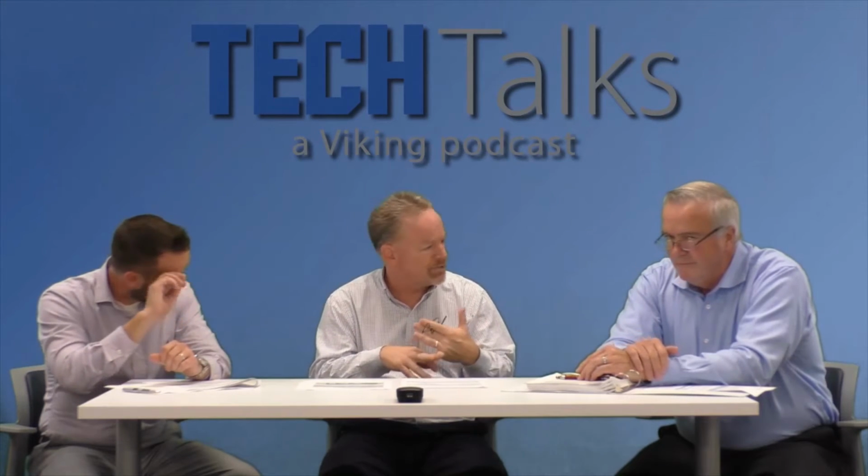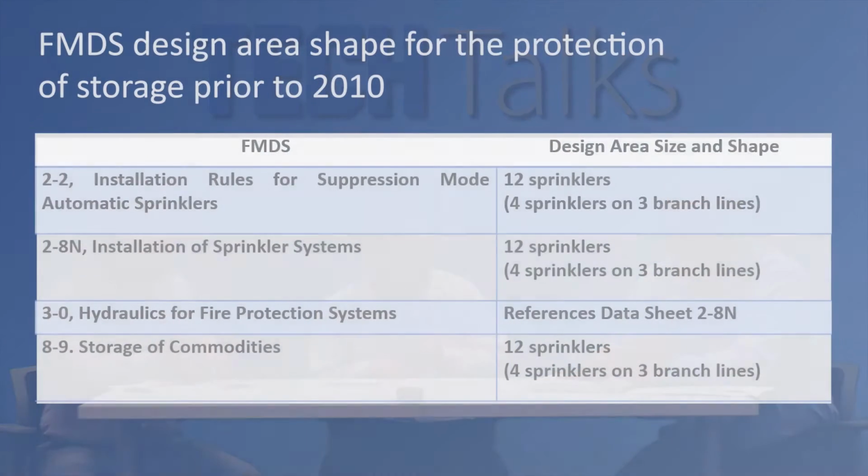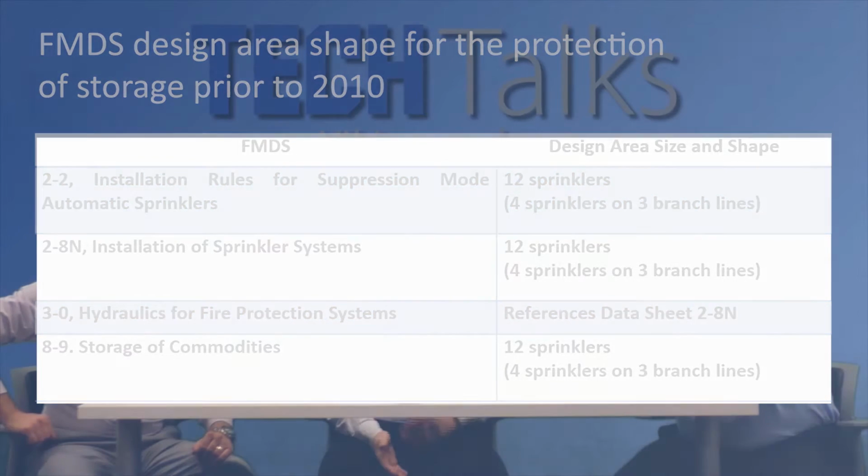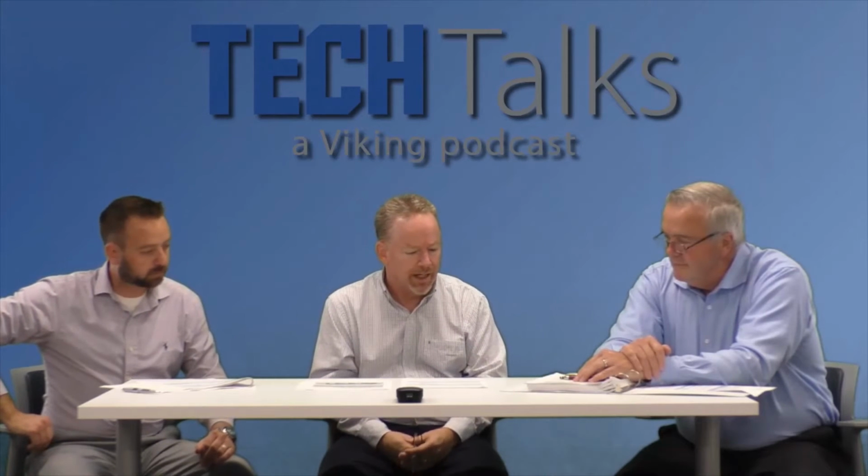It was in data sheet 2-2 for the installation rules. 2-8N, which was actually the installation sprinkler rules, kind of, it was NFPA 13 actually, that FM had adopted, and then 3-0 for hydraulics, and it was in 8-9 for storage commodities. So 3-0 for hydraulics actually made reference to 2-8N, which got you to the 12 sprinklers, 4 on 3 branch lines.